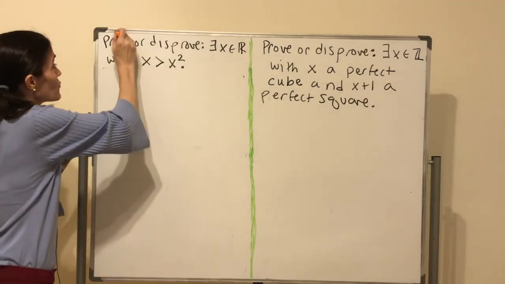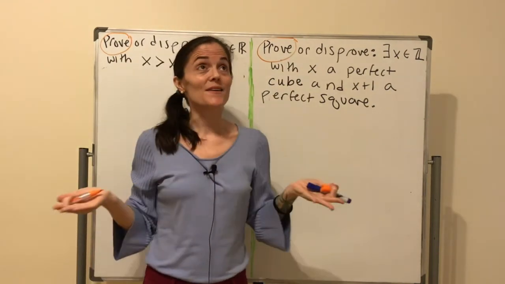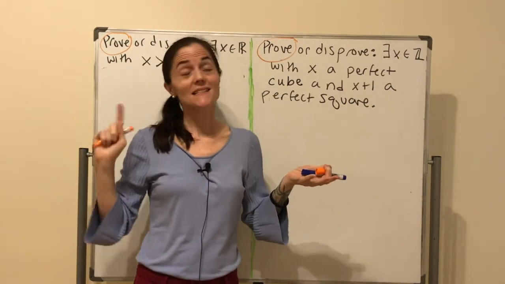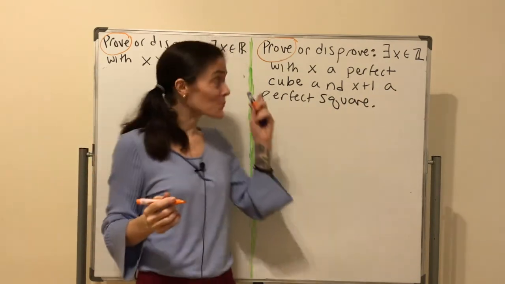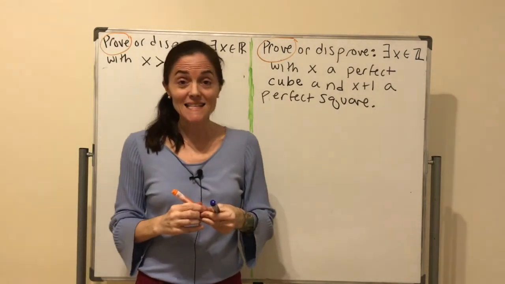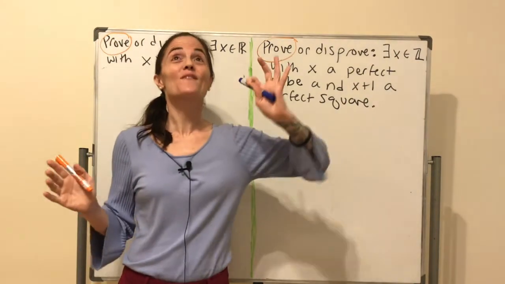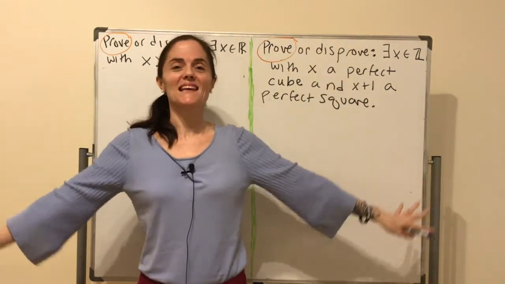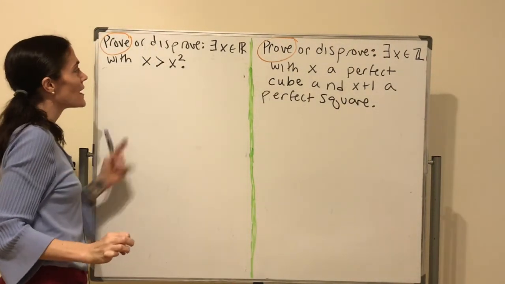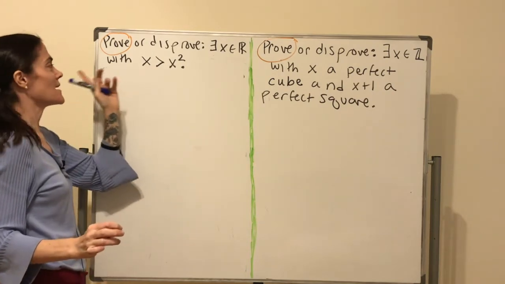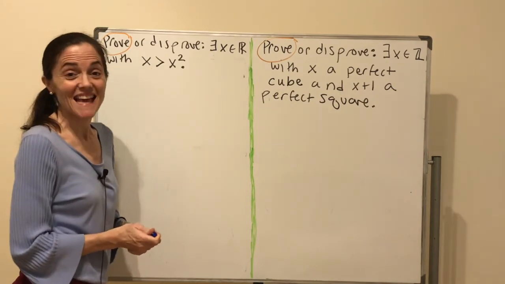So when I prove each of these, proving a there exists, it's the same technique or the same idea really as disproving a for all, because to prove these 2 statements, I need just one example. And this will prove, right? Proving a there exists means generating an example. So that's what I need to prove these. I need one example of, for this one, a real number x, such that x is bigger than x squared.